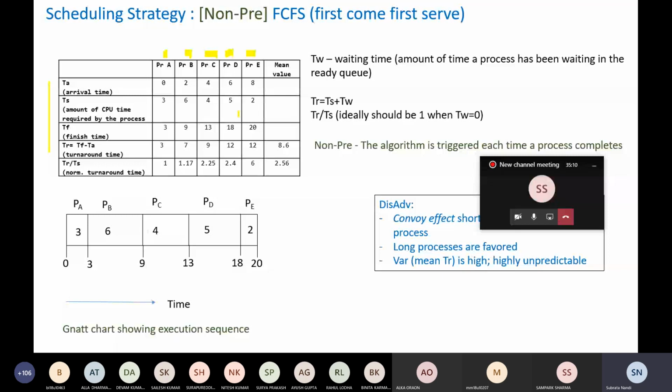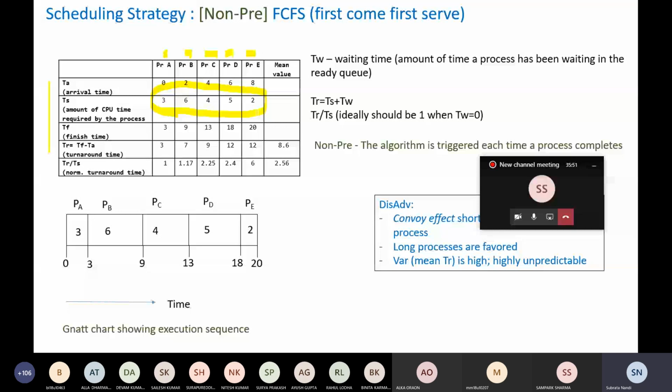But still, let us assume that hypothetically we know the service time of all the 5 processes. In reality, this is not easy to estimate or guess, because it all depends on your input, the type of inputs, and many other factors. So these are values which are hypothetically known; these are assumptions you can think of.